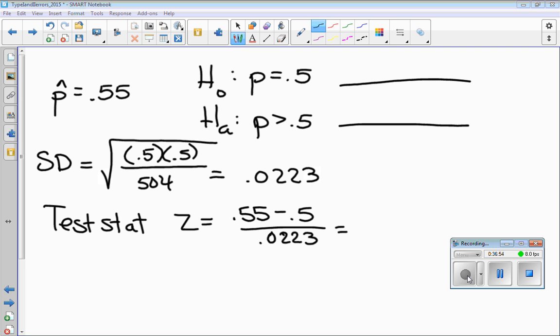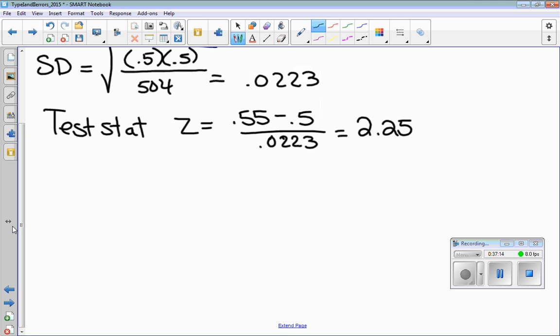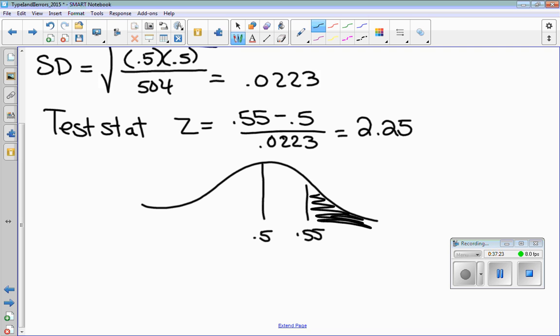All right, do we still get the same? Let's see. So 2.25. I got 2.26, sort of. We're okay. Okay, so that's that. And then I was looking for the curve. 0.5, 0.55. We're going to shade to the right. You okay so far?